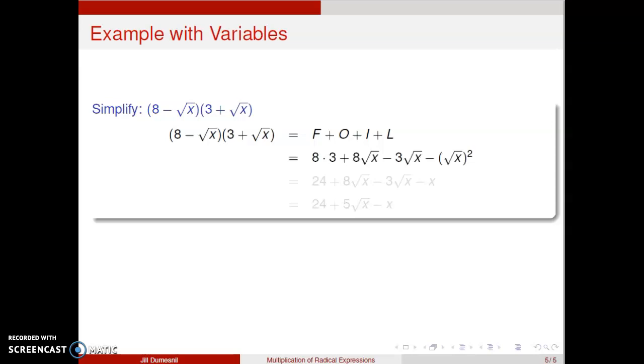We multiply the first two terms of the binomial expressions, the outer two terms, the inner two terms, and the last two terms. Then we simplify each term and collect like terms to get 24 plus 5 root x minus x.